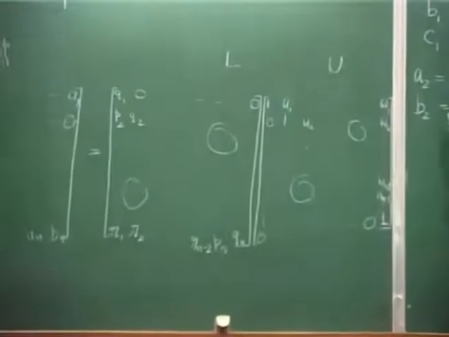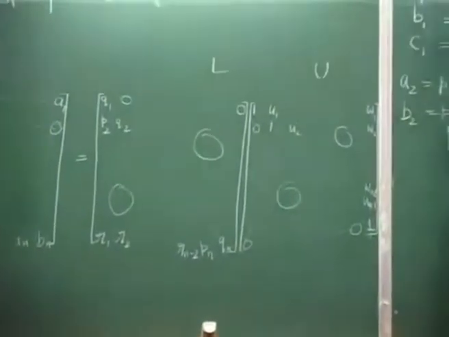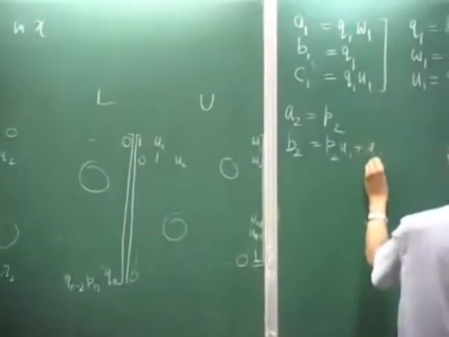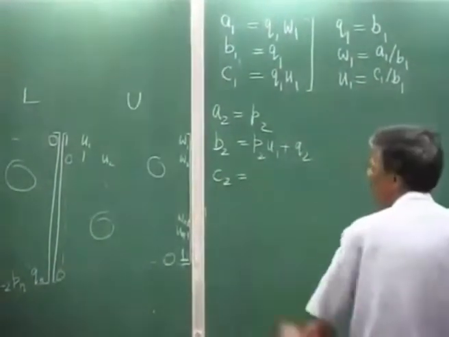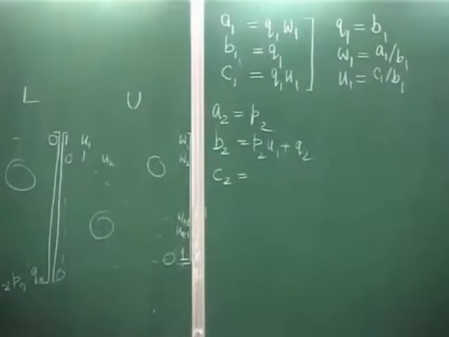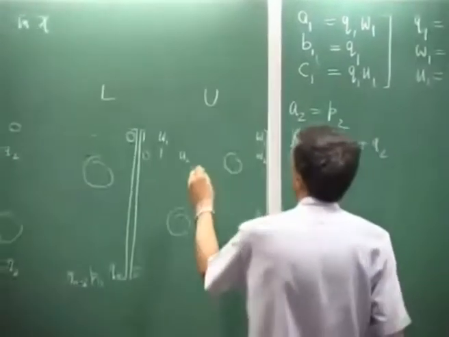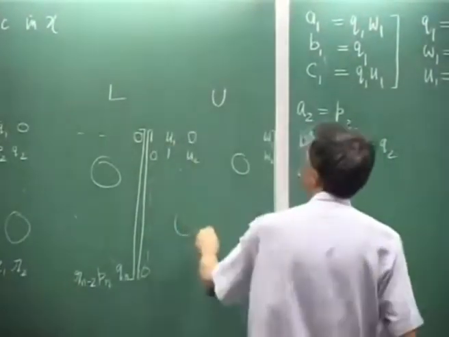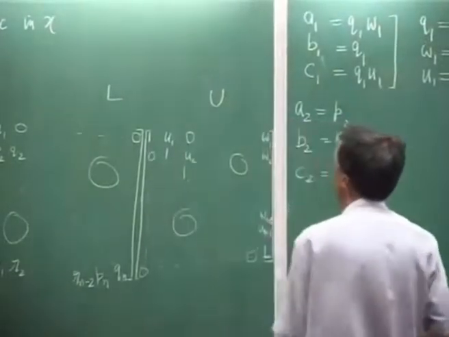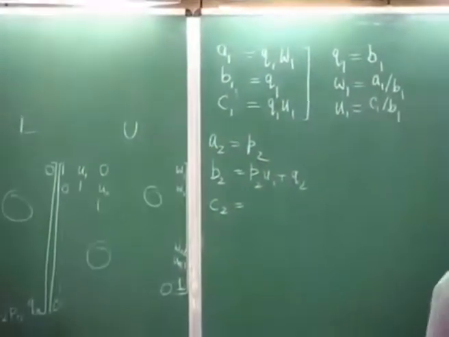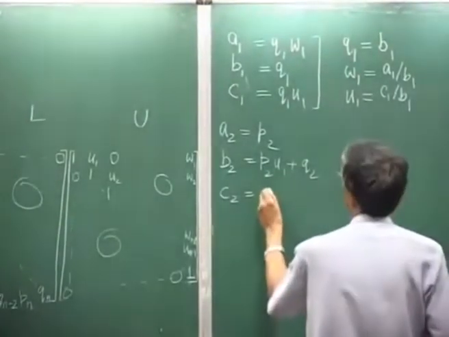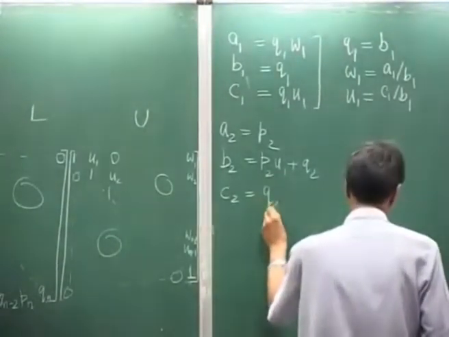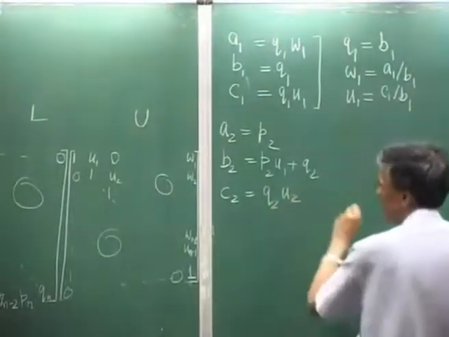So, that would give me P 2 U 1 plus Q 2, and you look at C 2, that would be a multiplication of the second row of L with the third column of U matrix, and that should give you nothing but Q 2 U 2, right.